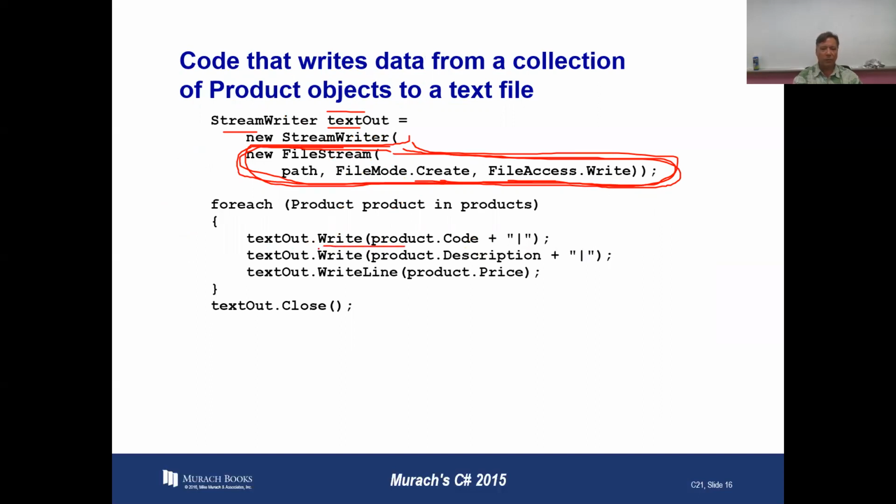So this, for example, writes the product code followed by the pipe character, the vertical bar, and then we write out the product description followed by a vertical bar, and then we write out the price. We're going to use write line because after the end of the price is written, we write a return.